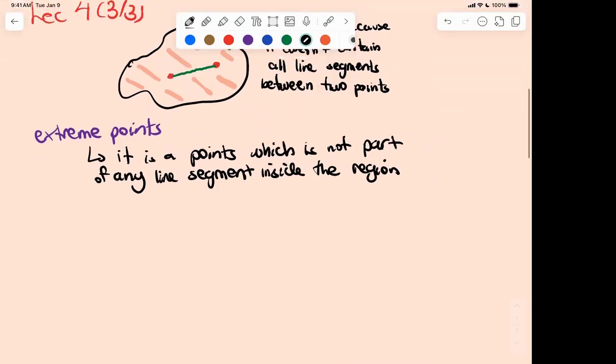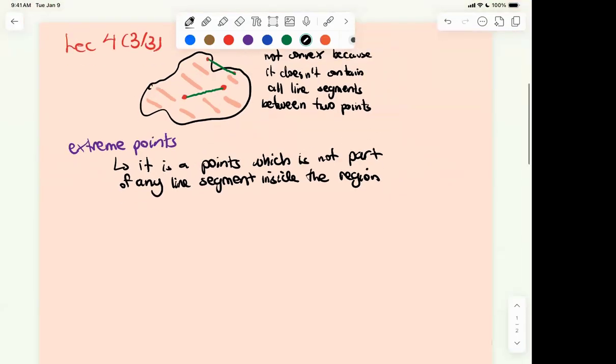And I think I gave you the example of the triangle. If you look at a triangle, let me put the color here.